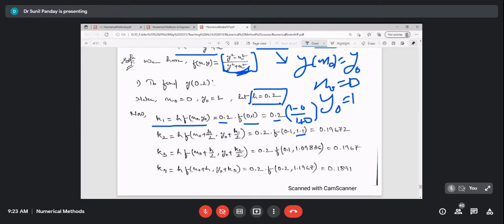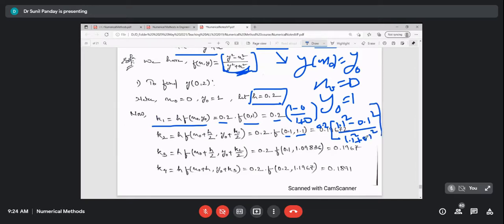X naught is 0, h is 0.2, so that is 0.1, and then we will apply this definition of f of x, y. So it's 0.2 times (1.1 square minus 0.1 square) divided by (1.1 square plus 0.1 square).